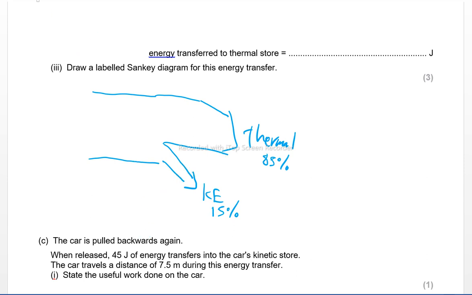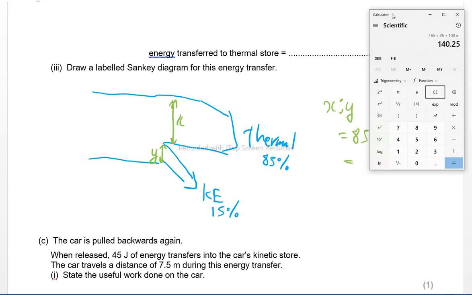Next thing, children: when you draw these Sankey diagrams, you have to consider the ratio. So I'll say this height is x and this height is y. So x is to y has to equal 85 is to 15. I assume you know how to work with ratios.